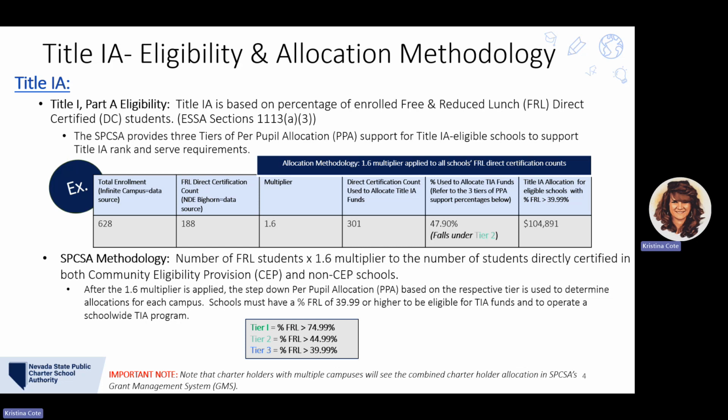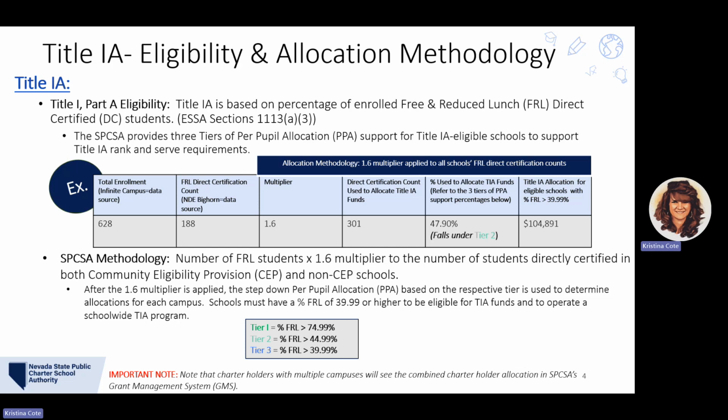Pursuant to the U.S. Department of Education's non-regulatory guidance for within district allocations under Title I Part A, the SPCSA applied a 1.6 multiplier to the number of students directly certified in both CEP and non-CEP schools. The Community Eligibility Provision, also known as CEP, is a national alternate meal counting and collection procedure provision coordinated through the Nevada Department of Agriculture.